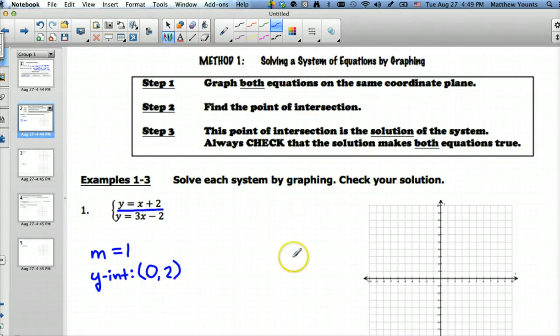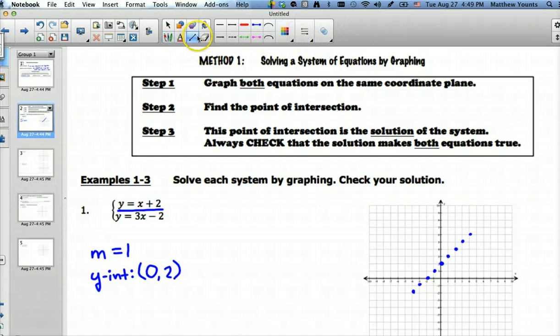So if I graph that line, I'm going to start on my y-axis at (0, 2). And my slope is positive 1, so I'm just going to move up 1, right 1 a few times. And then I can also go down 1, left 1 for a slope of positive 1. Now it's really important that when you're doing systems by graphing that you use a ruler, and you're going to see why here in just a second.